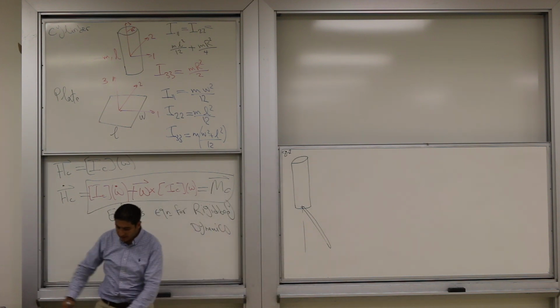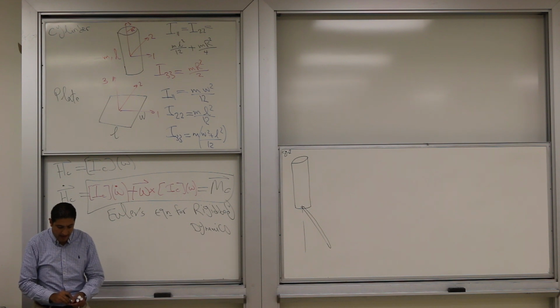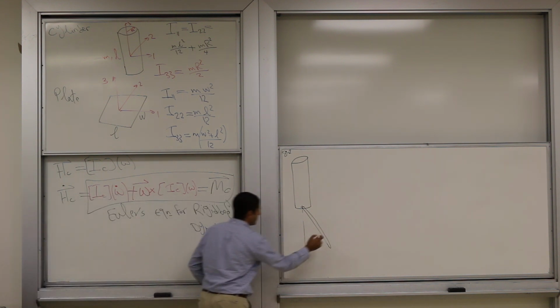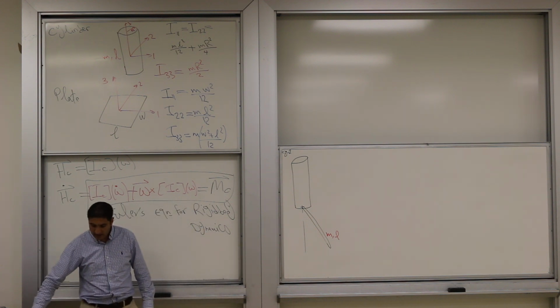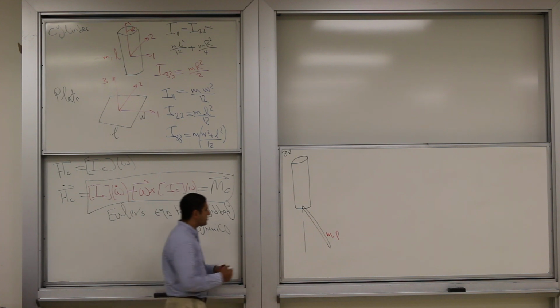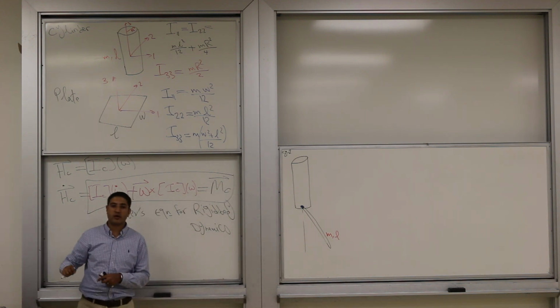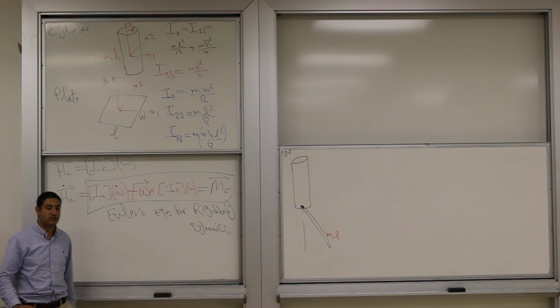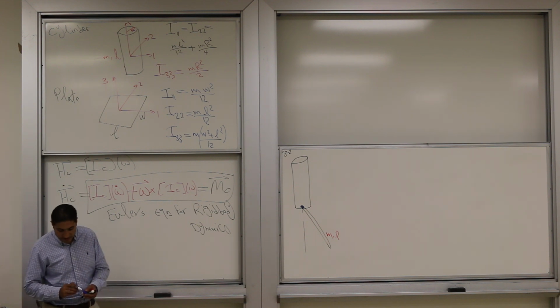It says a thin uniform bar of mass m and length L is connected by a pin joint. So there's a pin joint here. This is a pin allowing you to rotate about one axis, preventing all the other degrees of freedom. A pin joint at one end to a vertical shaft, which rotates at a constant rate omega.